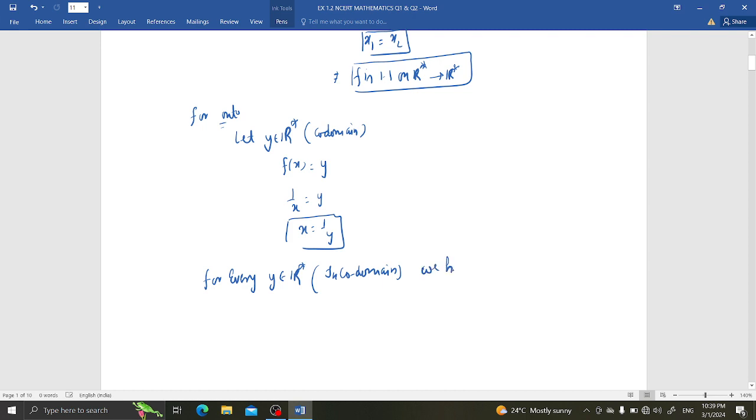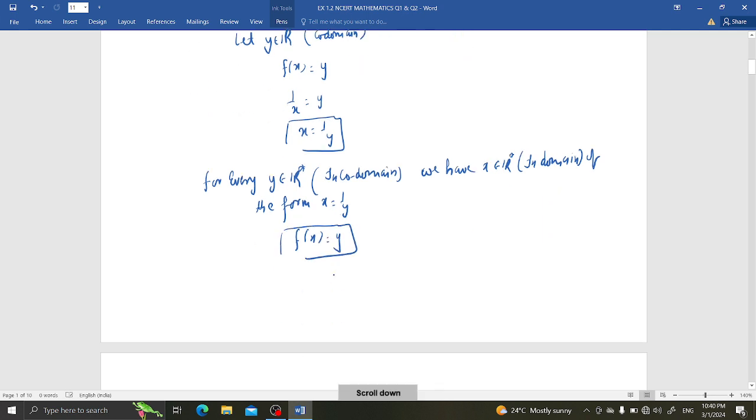we have x belonging to R star in the domain of the form x equals 1 upon y, such that f(x) equals y.